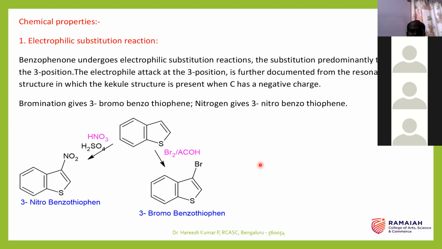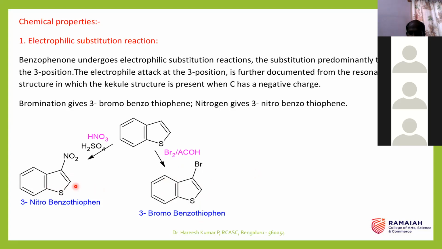Br plus is the electrophile that attacks the third position of benzo-thiophene, forming an arenium ion. That arenium ion is stabilized by resonance. Later, proton elimination and then forming the product. The product name is 3-bromo benzo-thiophene, and here 3-nitro benzo-thiophene.